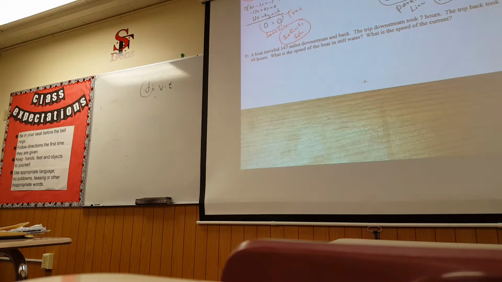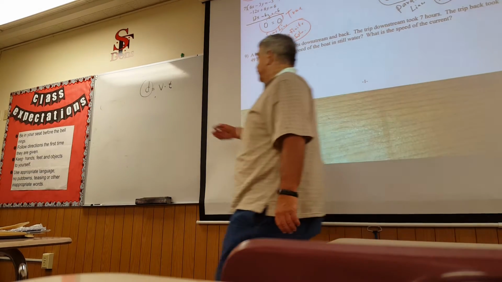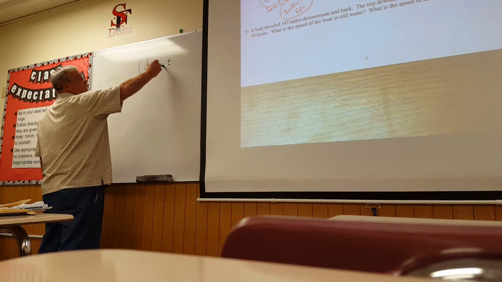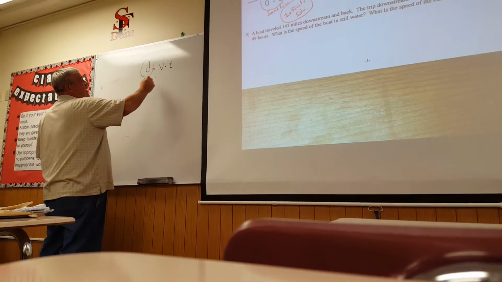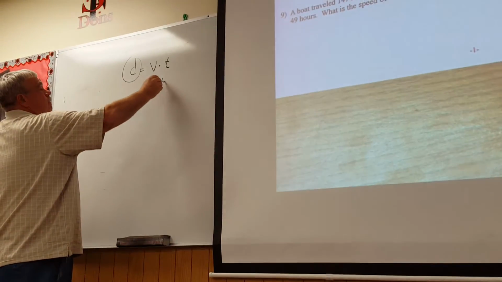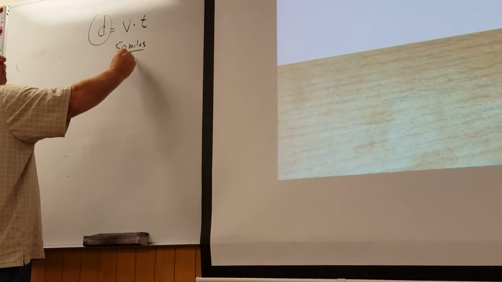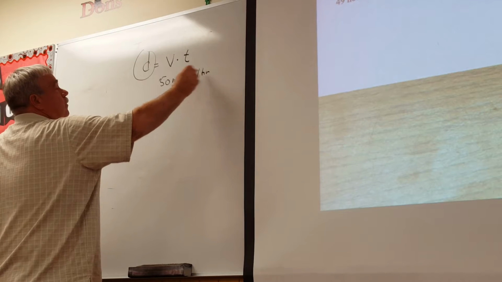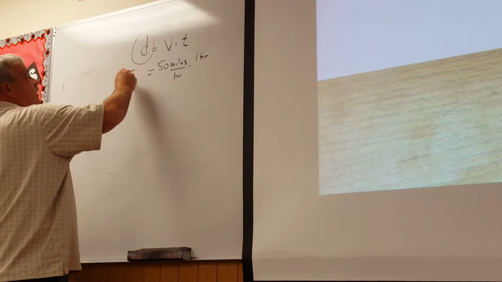Now on these motion problems where we're in motion, my distance is equal to the velocity times the time. Now, that's like if we go 50 miles per hour and we go for 1 hour, we know that we go 50 miles.